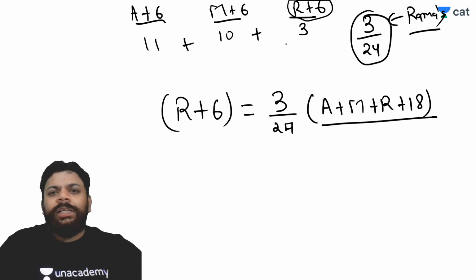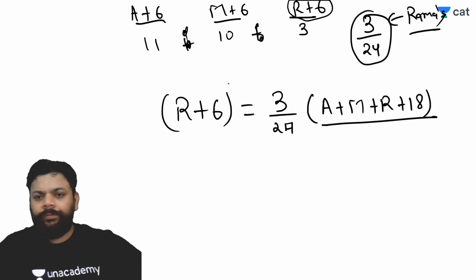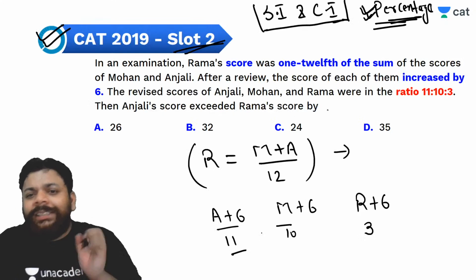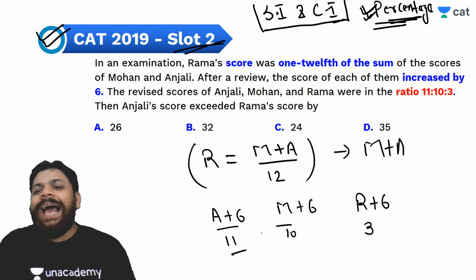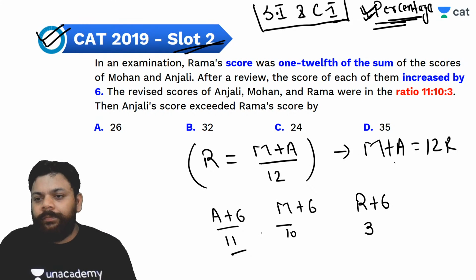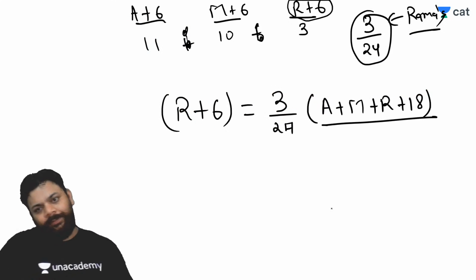This must be total जो भी इसका एज आएगा उसका 3/24. Since ratio is like this, 11:10:3. So from first equation, we can also write m plus a as 12r. This is equation number first.